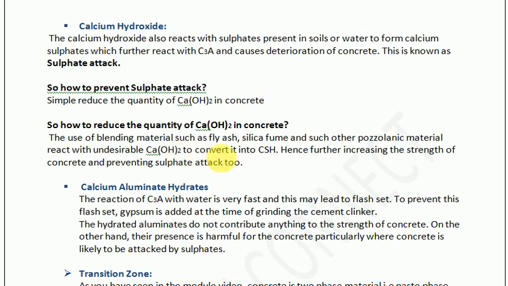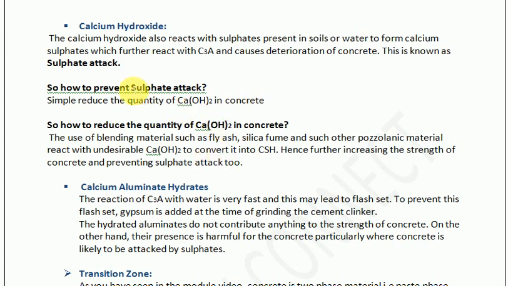Also note that when calcium hydroxide reacts with fly ash, it forms CSH gel, which is a desirable byproduct. So calcium hydroxide is first removed and second it is converted into CSH gel. So the quantity of CSH gel is increased, further adding to the strength of the cement. This is a very great way in which an undesirable product is converted into a desirable product.